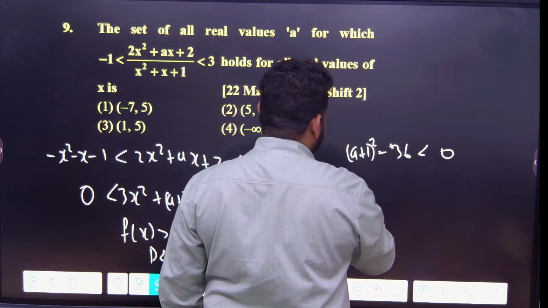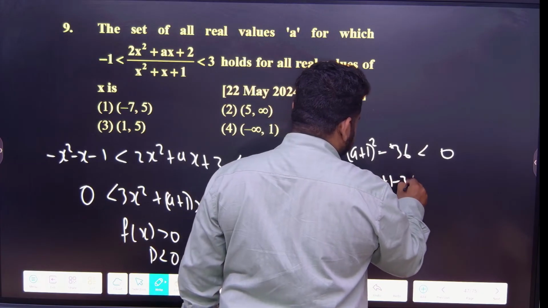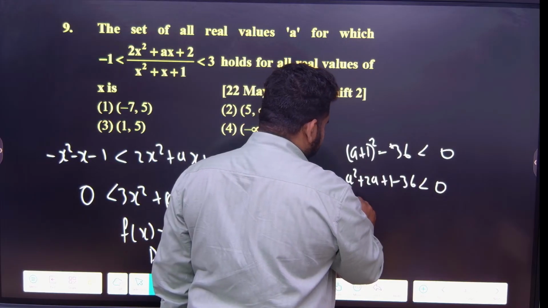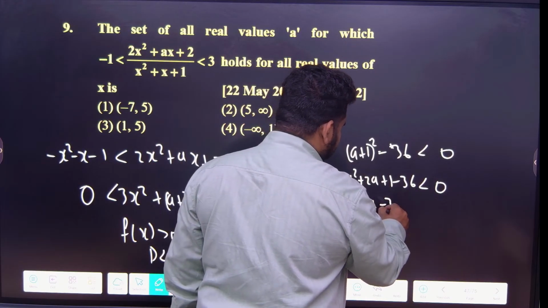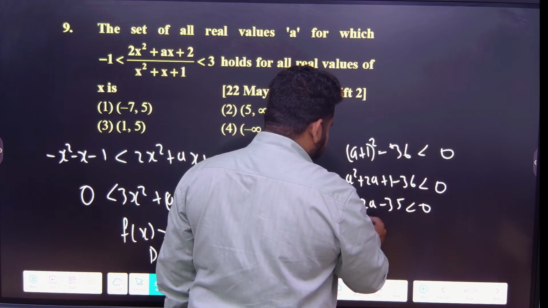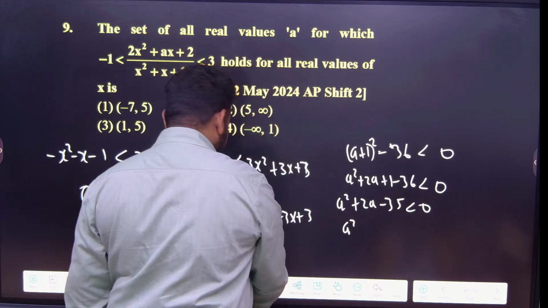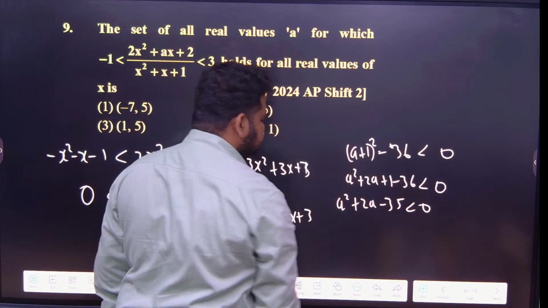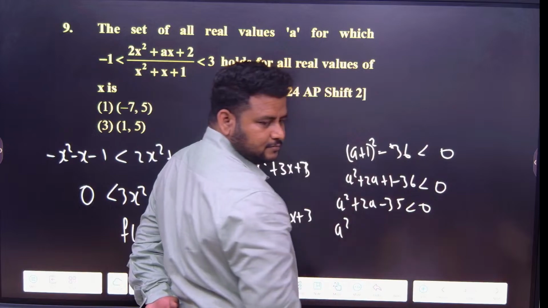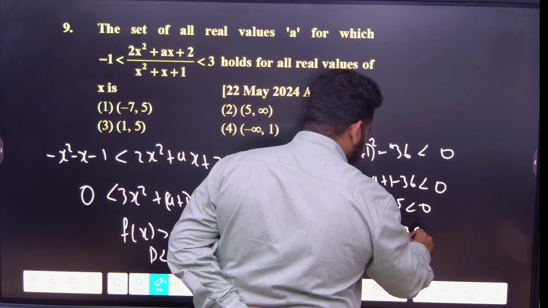So a plus 1 whole square, a square plus 2a plus 1 minus 36 is less than 0. So a square plus 2a minus 35 is less than 0.